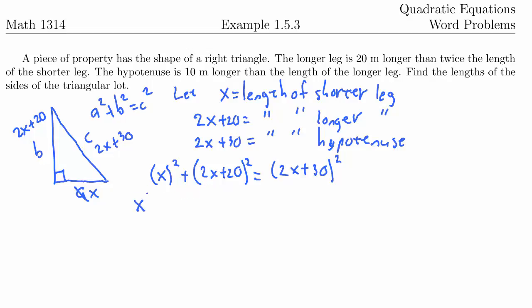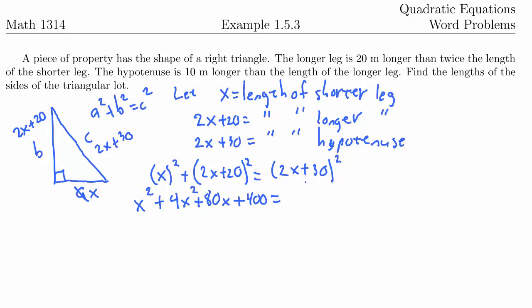That gives me x squared plus, for a plus b squared, I square the first term, 4x squared, square the last term, positive 400, multiply these two together gives me 40x, and I double it. So it gives me positive 80x.